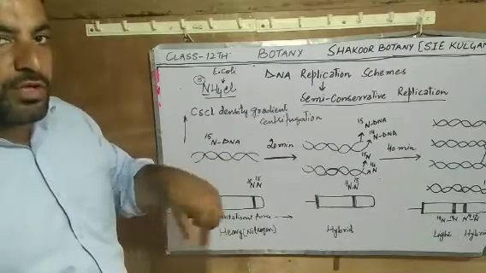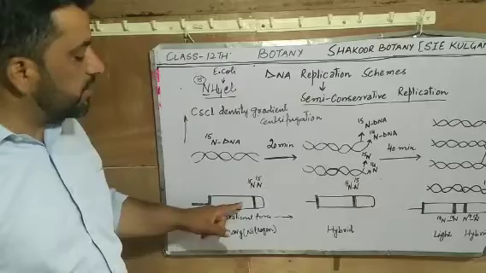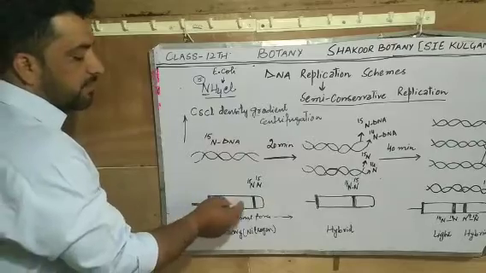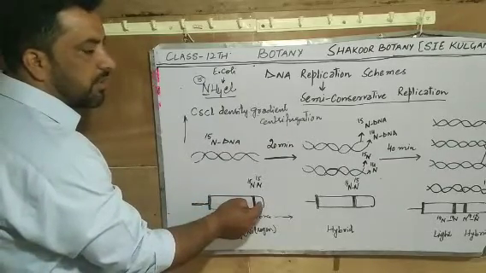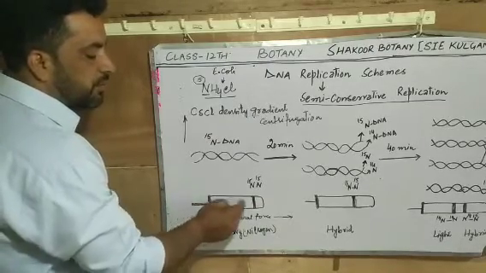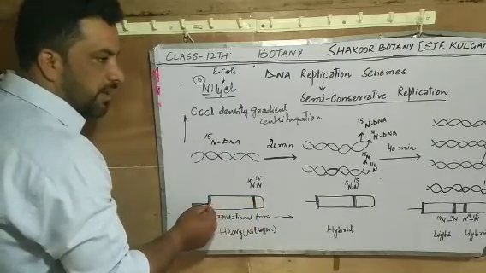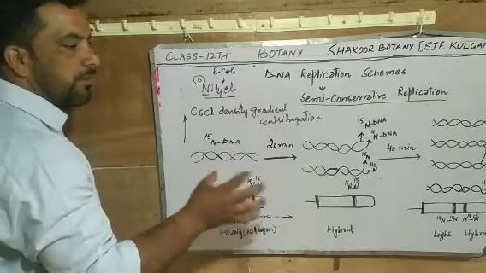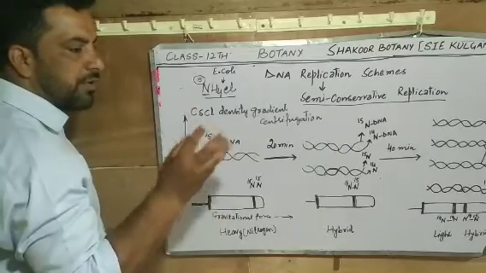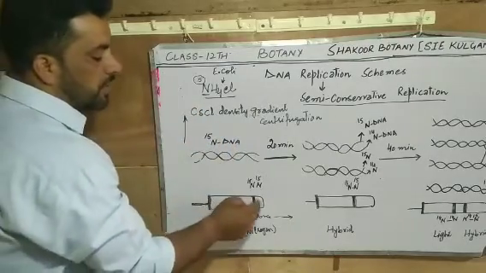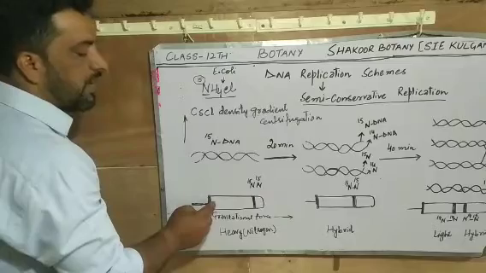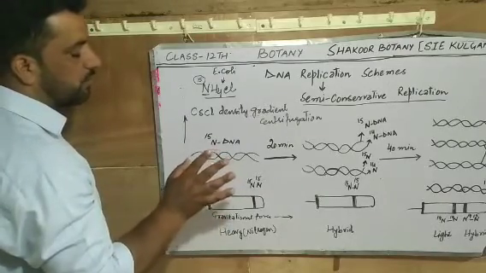Then we centrifuge, we apply centrifugal force. As a result of this centrifugal force, this cesium chloride solution forms a density gradient in this centrifugation tube, where the maximum density is present at the bottom of the tube, whereas the lowest density is present at the top of the tube.